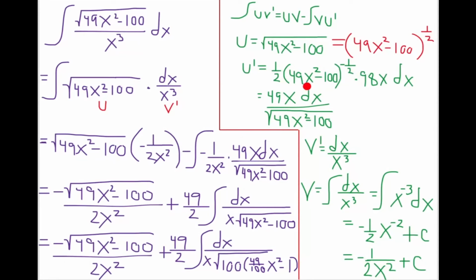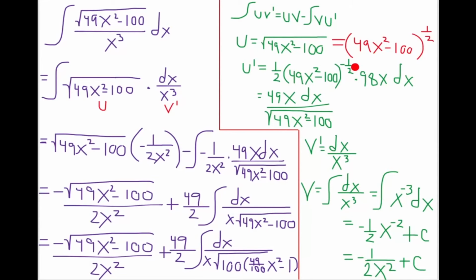Leave the inside alone, and then according to the chain rule, we multiply by the derivative inside. The derivative of this is just 2 times 49, which is 98x, and the derivative of the negative 100 is just 0, so we don't need to write that. But we multiply that, and we got our dx. We're going to simplify. If I have this power of negative 1/2, that's the same thing as throwing it into the denominator with a power of 1/2. And just remember that a 1/2 power is the same thing as the square root.